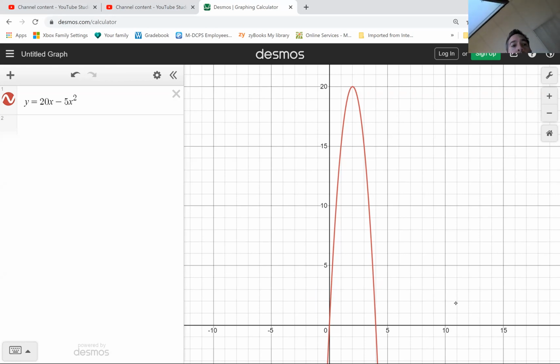Y equals 20x minus 5x raised to the second. So if we take a look at this right here, this is the parabola as being described. Now, initially it had a height of 0, apparently, and then it climbed up to 20 feet, and then it came back down.